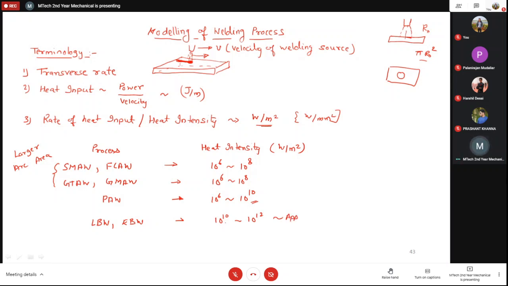Okay, so there is this variation also, but you can see the smaller or more concentrated the power source, the heat intensity, or the rate of heat input, the speed at which we can provide the heat to the workpiece material, will be higher because we are concentrating over a small area. So this is how we can understand the rates of heat input.